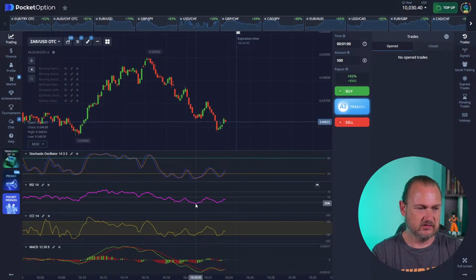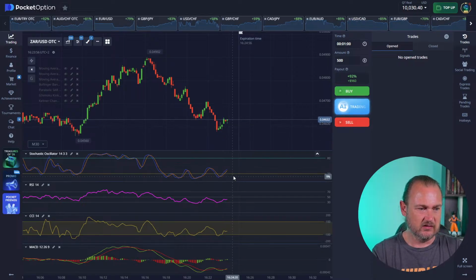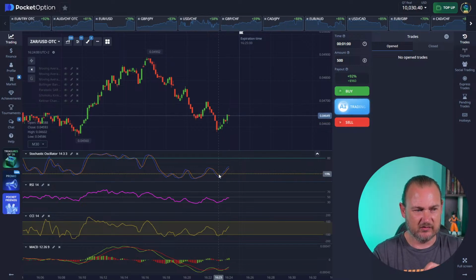So RSI looks like it made a higher low. The stochastic definitely did, but our entry should have been here. The entry should have been much lower if we wanted to take this.